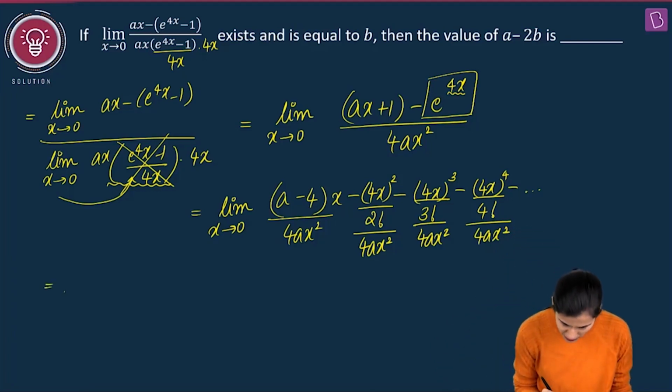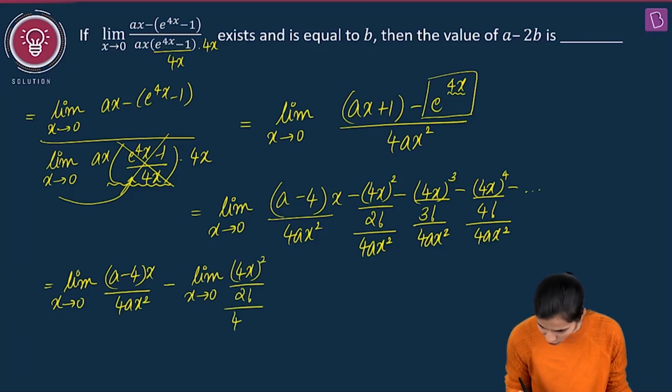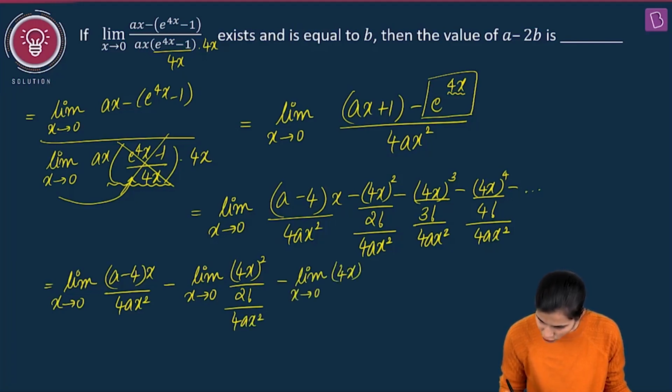So in the next step, this gives me limit x tends to 0, a minus 4x upon 4ax square, minus limit x tends to 0, 4x whole square by 2 factorial upon 4ax square, minus limit x tends to 0, 4x cube by 3 factorial upon 4ax square, and so on.